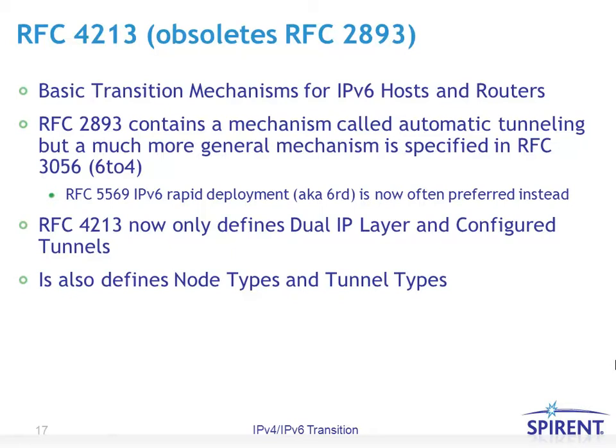Although RFC 5569, which is 6RD or IPv6 rapid deployment, is now preferred over 6to4, and we'll discuss more about that in the second part of this topic. So now RFC 4213 only defines dual IP layer and configured tunnels, so it has no reference to automatic tunnels anymore. It also defines node types and tunnel types.